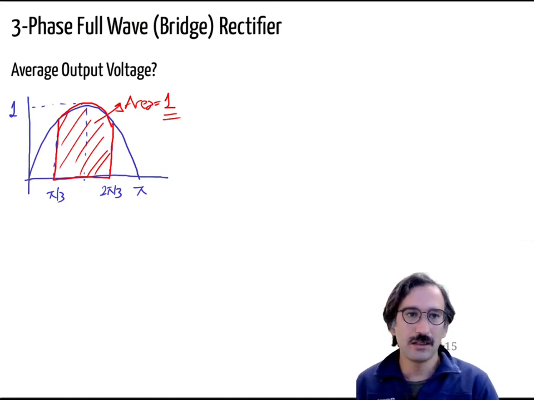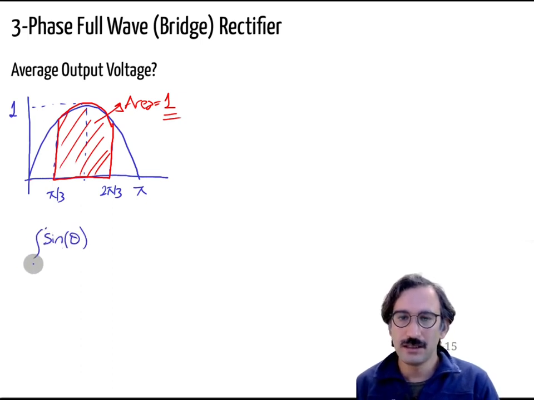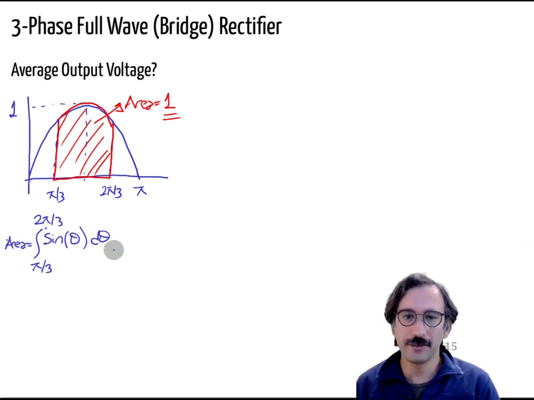So let's calculate it mathematically, and let me write the equation. It is the integral of sine theta from pi over 3 to 2 pi over 3 d theta. This is not the average voltage, this is the area. Again it is minus cosine theta from pi over 3 to 2 pi over 3.